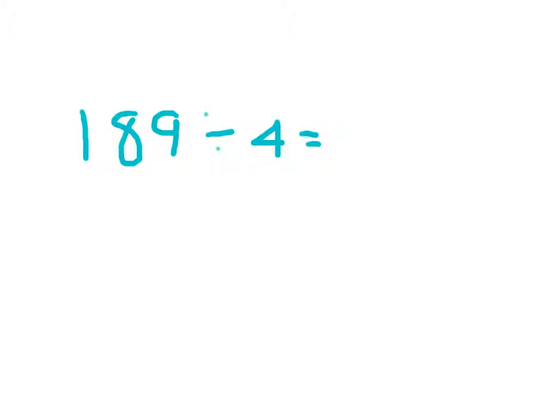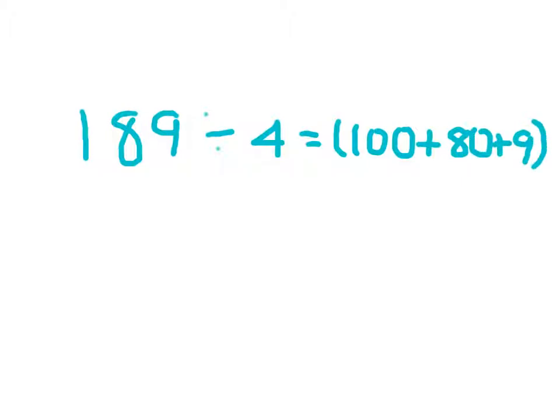Again, we break apart 189 into its parts. So we have 100 plus 80 plus 9. And we're dividing all of those by 4.